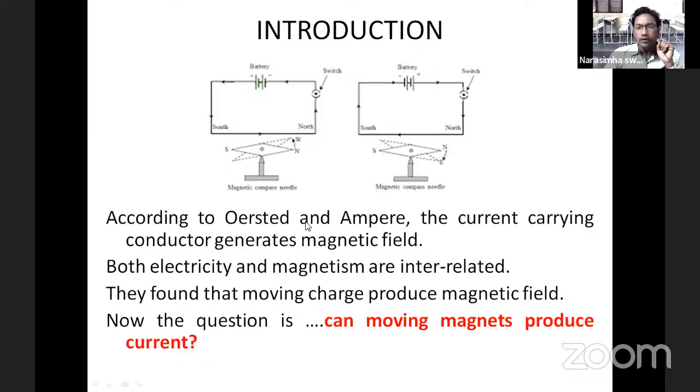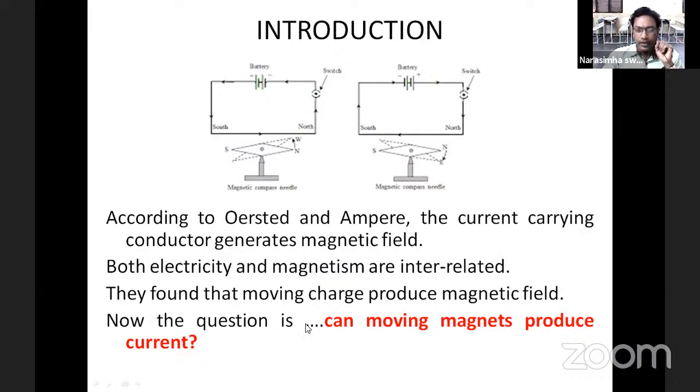So according to Oersted and Ampere, the current carrying conductor generates a magnetic field. Now, we know both electricity and magnetism are interrelated.